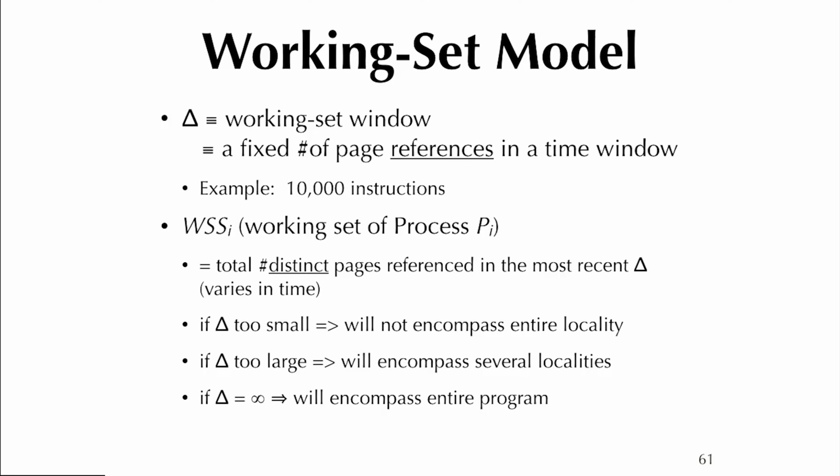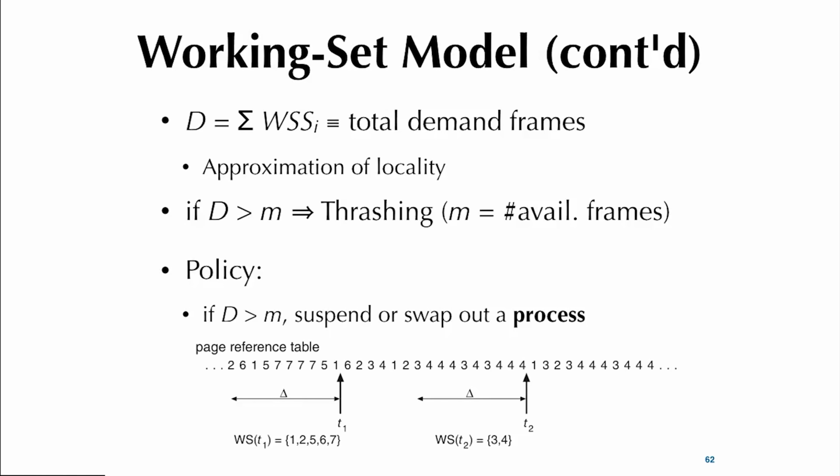And that can change over time, as you saw. If your window is too small, it will not encompass the entire locality. If your window is too large, it encompasses several localities. And if the window is infinite, it encompasses the entire program. The working set model can be used to help you determine the locality as well as the thrashing condition.